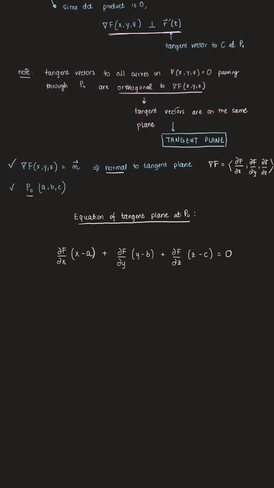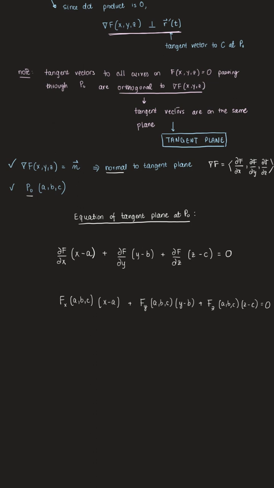We can also write this as f with a subscript of x at ABC times x minus a plus f with a subscript of y at ABC, these represent partials, times y minus b plus f with a subscript of z at ABC times z minus c equals 0.